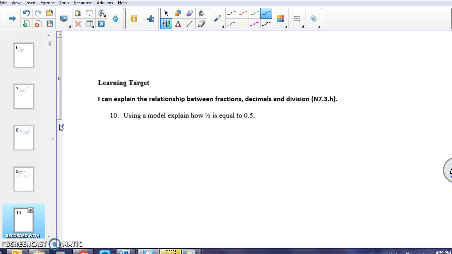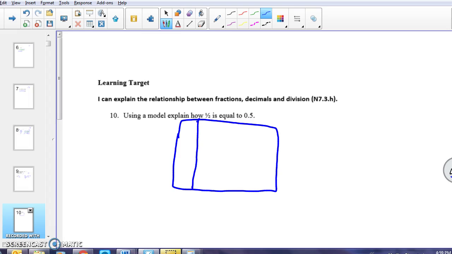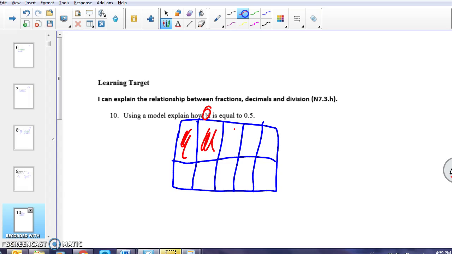Using a model, explain how 1/2 is equivalent to 0.5. If I start off by drawing a box here, I'm going to put 10 squares inside of it. So I could show you that if I had 1/2 of these shaded, that's 1/2, and for 0.5, I need to show how that's the exact same thing.